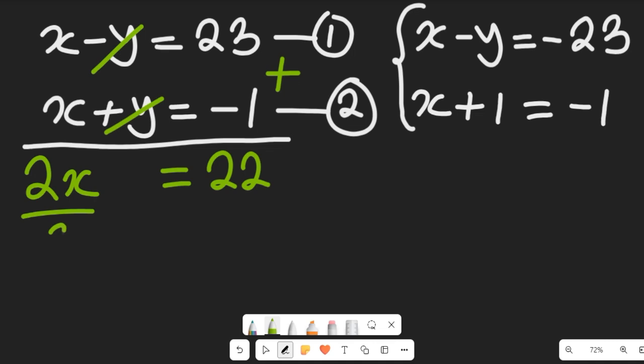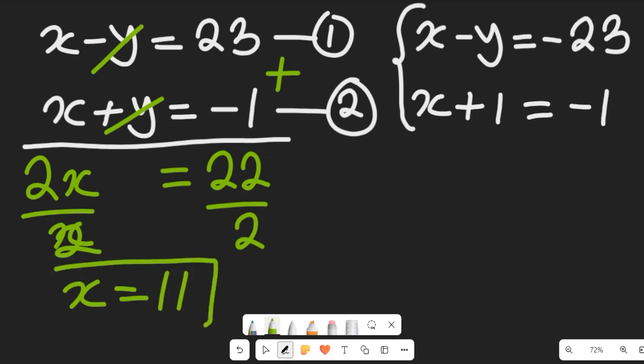So if we divide here by 2 and divide here by 2, we're going to have our x equal to 22 divided by 2, which gives us 11. So our x is equal to 11.